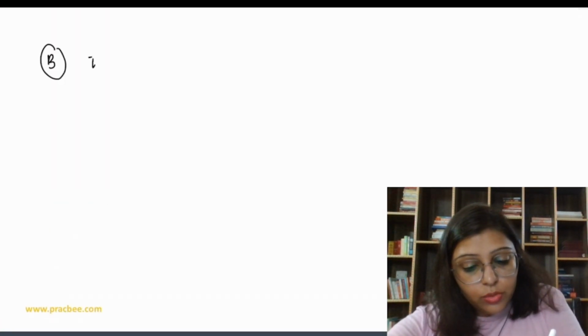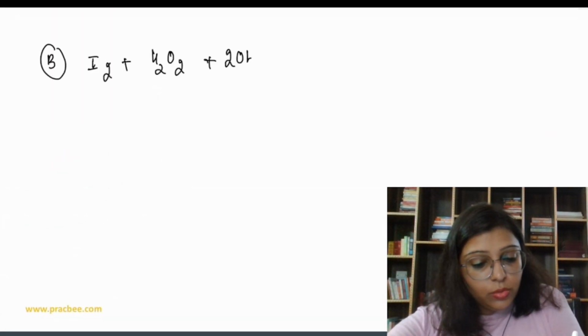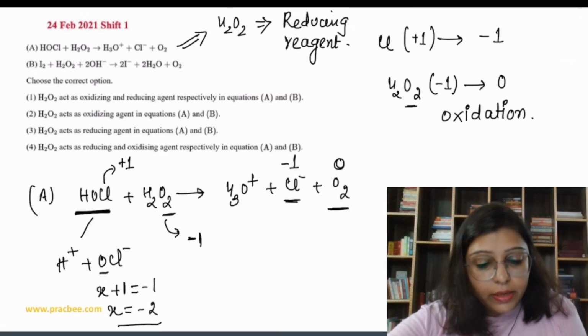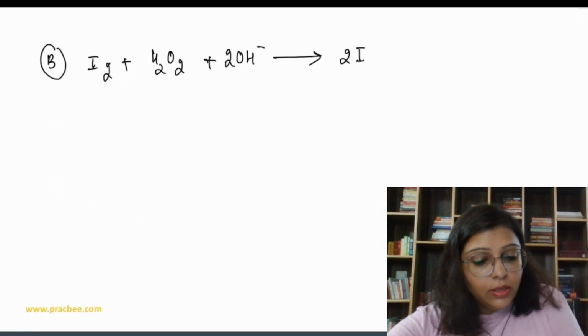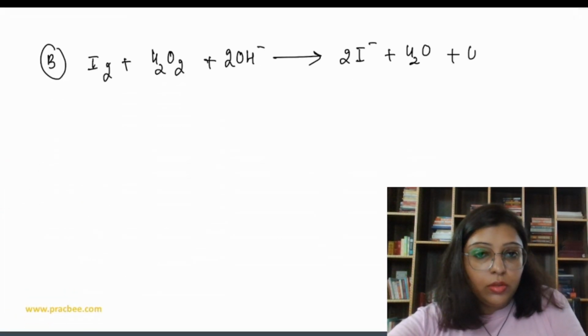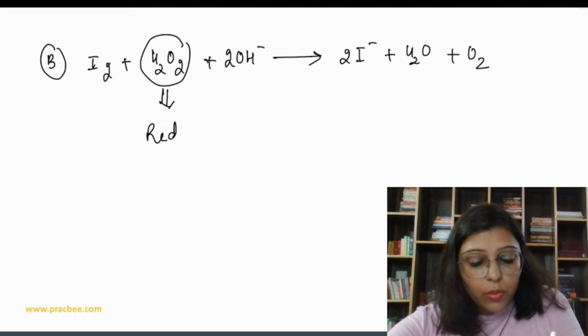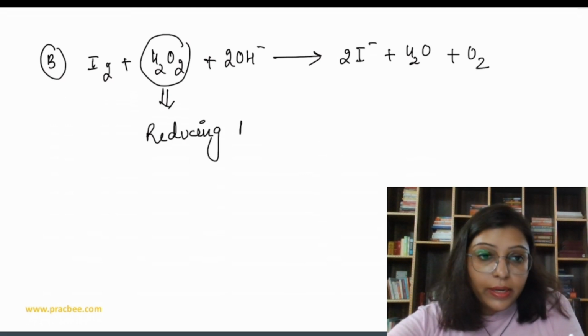So this is I2 plus H2O2 plus 2OH-, and it gives 2I- plus 2H2O plus O2. Here also H2O2 is the reducing reagent. Why is it a reducing agent?